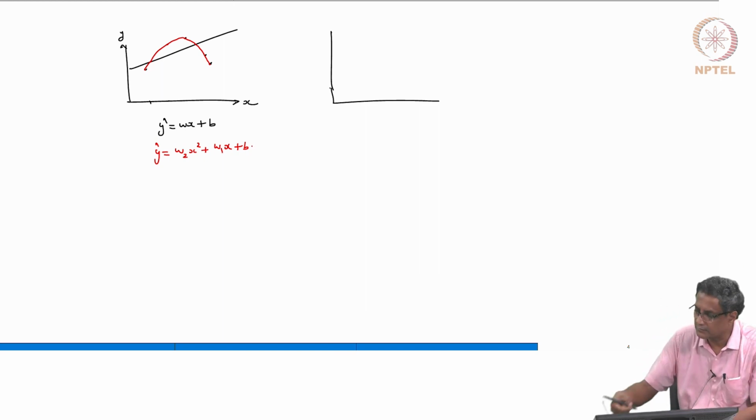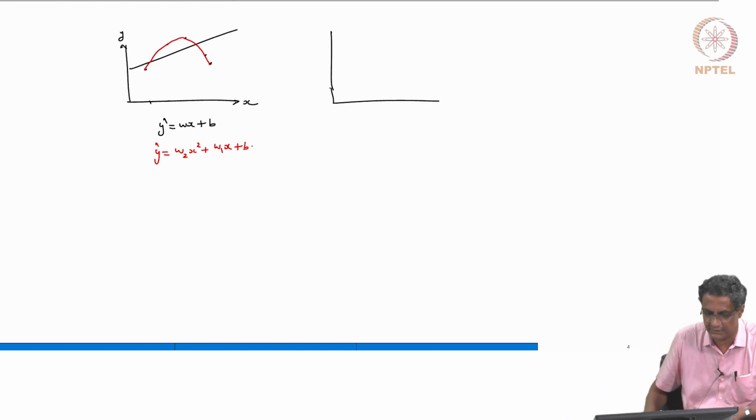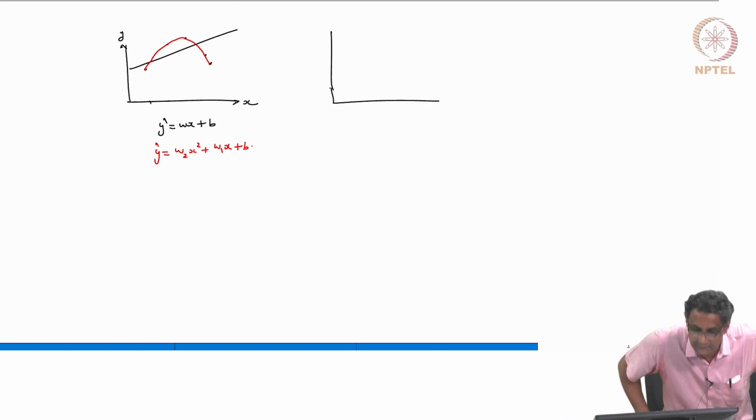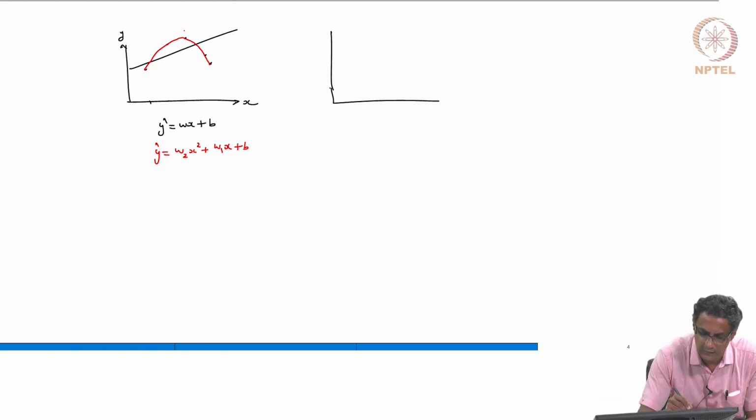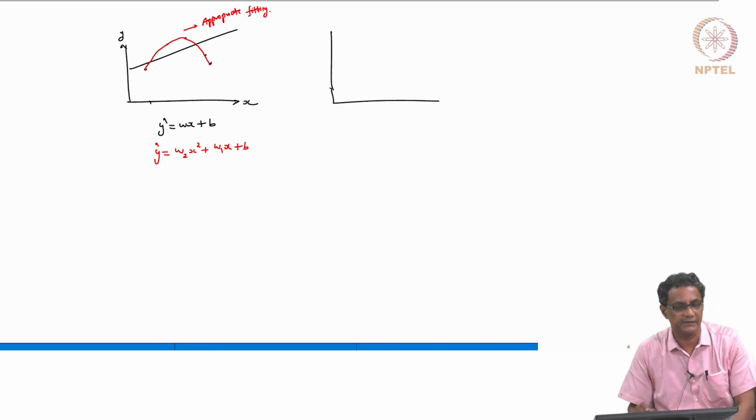Now this is a second order polynomial fit, and it seems to fit well. This is what we will call appropriate fitting, in the sense that we feel this is more acceptable than the earlier one. Again, we do not know what g of x is, but we feel this is a better way to approximate the underlying function.